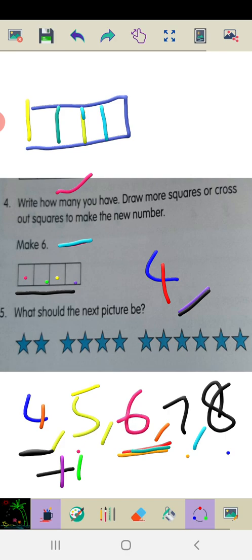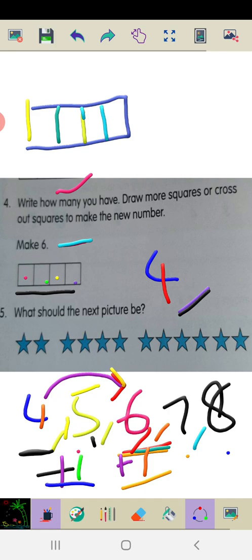If you add 1 to 5, it becomes 6. It means that 6 is bigger than 4. So what should I do? I should add. I am adding 1 here to make 5. I am adding 1 here to make 6. I should add to 4 to make 6.